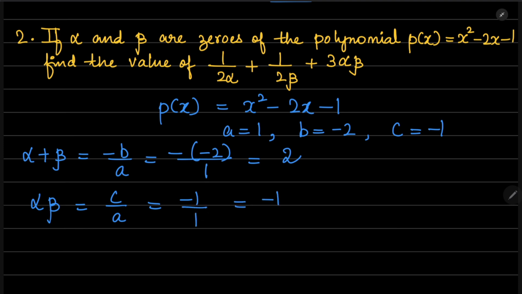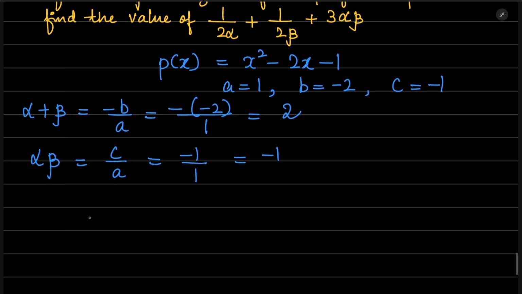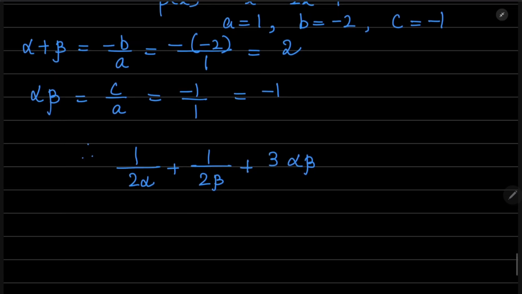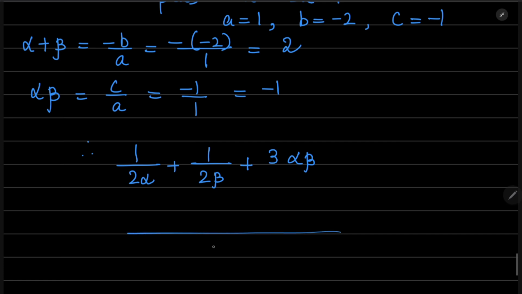Using these two values, let us find the value of 1 by 2 alpha plus 1 by 2 beta plus 3 alpha beta. If you take the LCM, you will have 2 alpha beta. Here 2 alpha into what will give you 2 alpha beta? It will be beta.